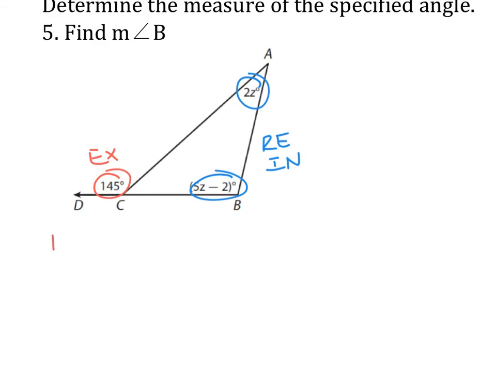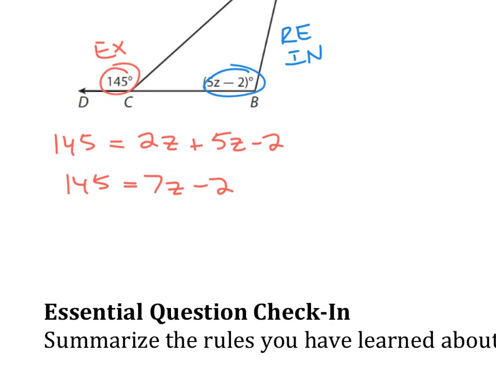So for this case, we have 145 equals 2z plus 5z minus 2. So 145 equals 7z minus 2. And so we're going to add 2 to both sides. 147 equals 7z. Divide by 7, and therefore z equals 21.